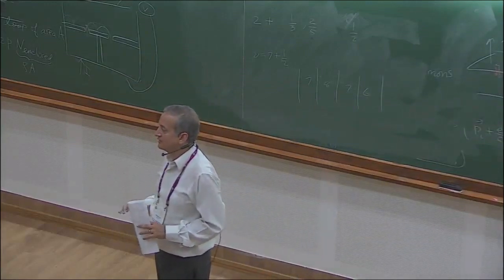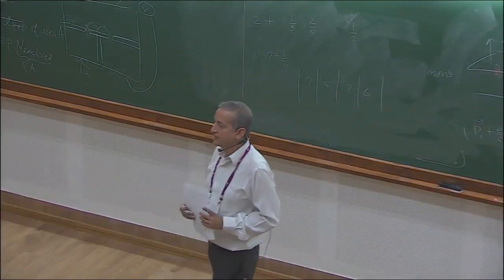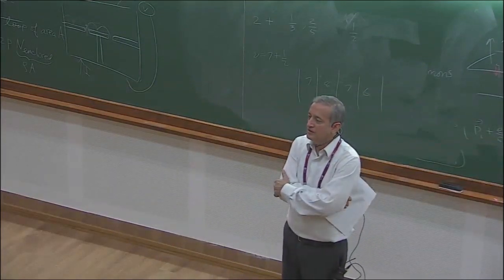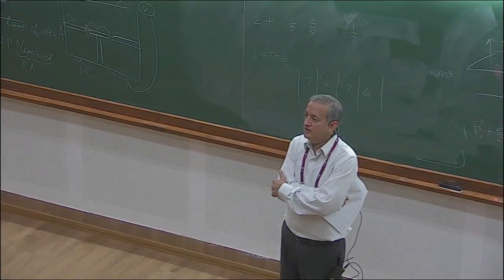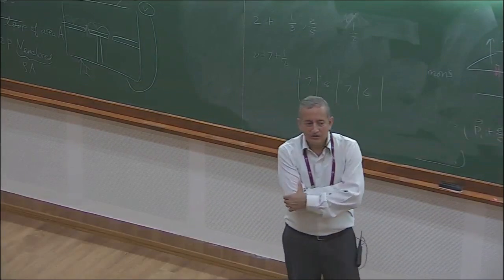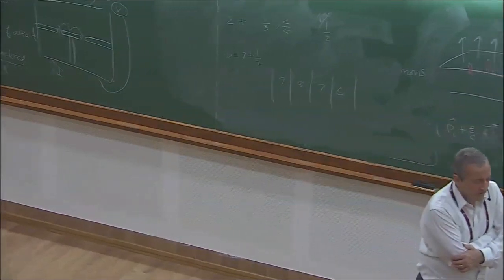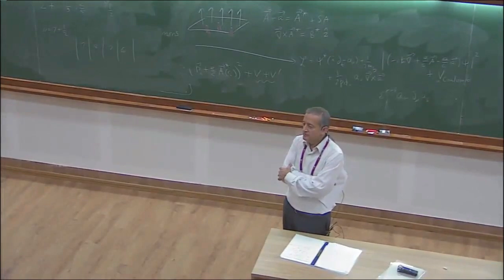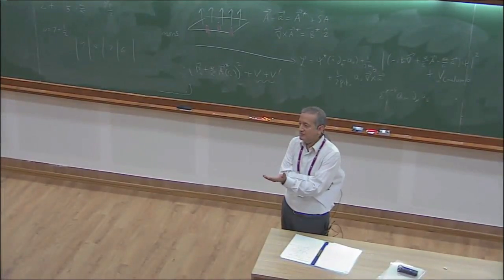Is there any way to understand why P wave is the natural instability for this 5/2 state? If the system is fully spin polarized, then that's the only instability. S wave is not possible.